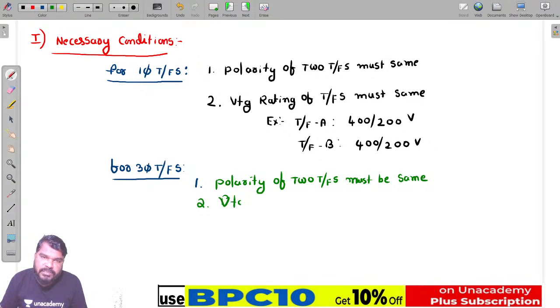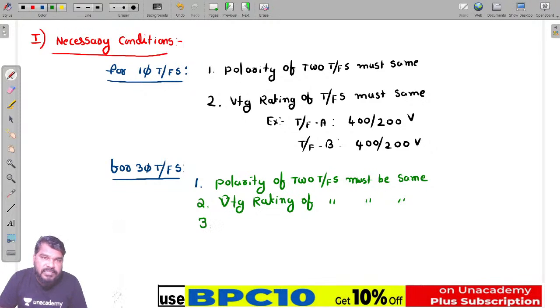For example, transformer A is a 33/11 kV transformer and transformer B is also a 33/11 kV transformer.